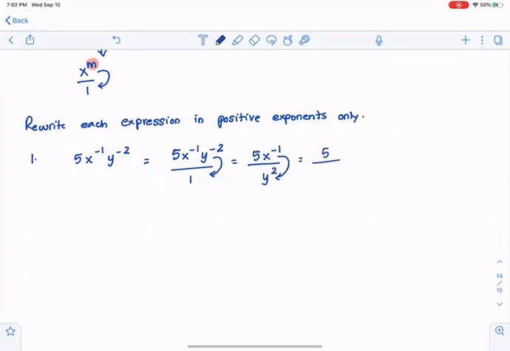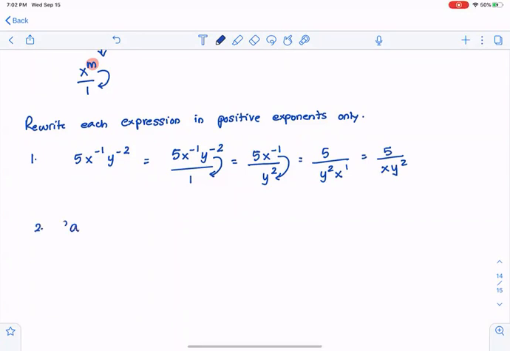It would become x raised to positive 1. Any number raised to the power of 1 is the same number itself. So I could write it as x times y squared. And now the expression has only positive exponents.